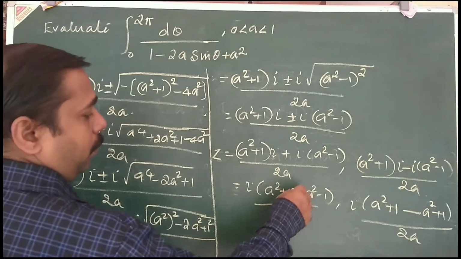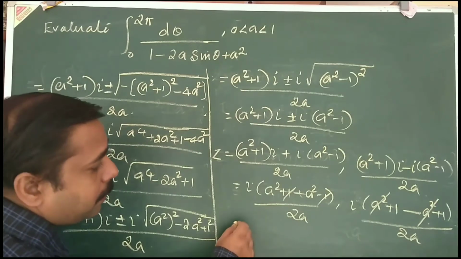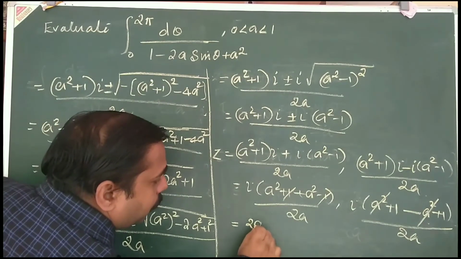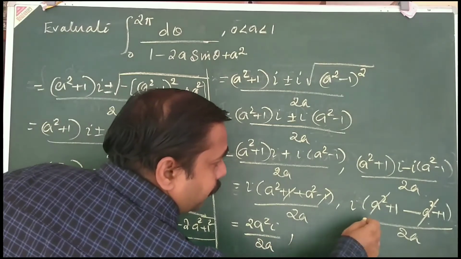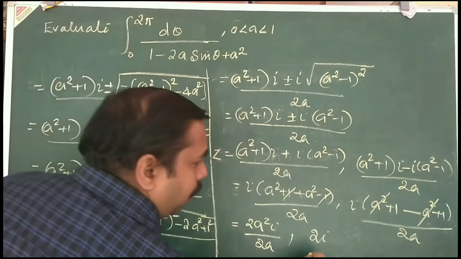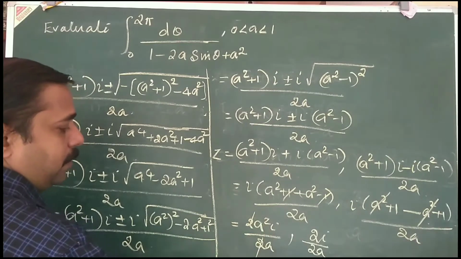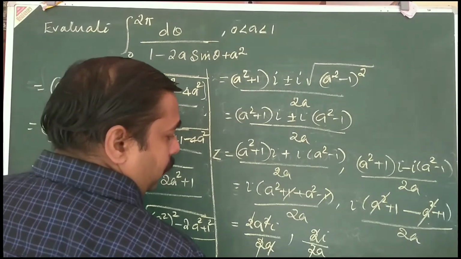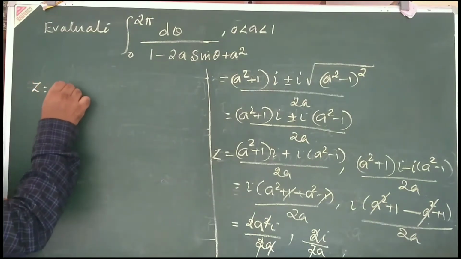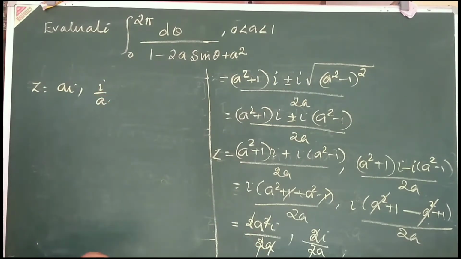So minus 1 plus 1 cancel, plus a² minus a² cancel, so that is equal to 2a²i divided by 2a, comma, 2i divided by 2a. So here 2 cancels, a cancels, here 2 cancels. So z is equal to ai, comma, i by a.